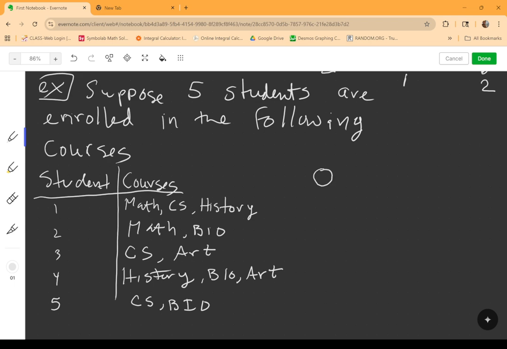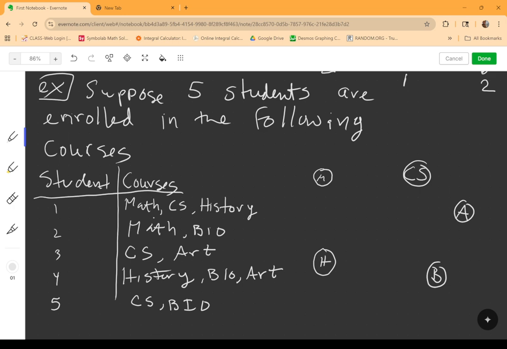So let's say M for math, H for history, and then CS for computer science, A for art, and then B for biology, right? And we can have an edge if there's a student that is in both of those, right?